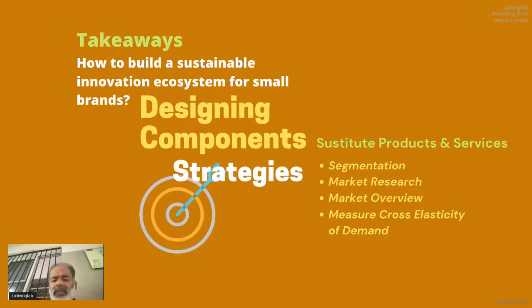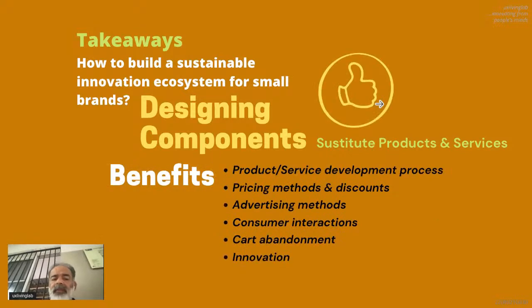So what are the strategies we have to implement while developing the ecosystem? As I explained earlier, it's segmentation, market research, market overviews, then measuring cross elasticity of demand. So what are the benefits after doing all these exercises? You will get strategies to develop products, services and the development process, pricing methods and discounts, and advertising methods you can design.